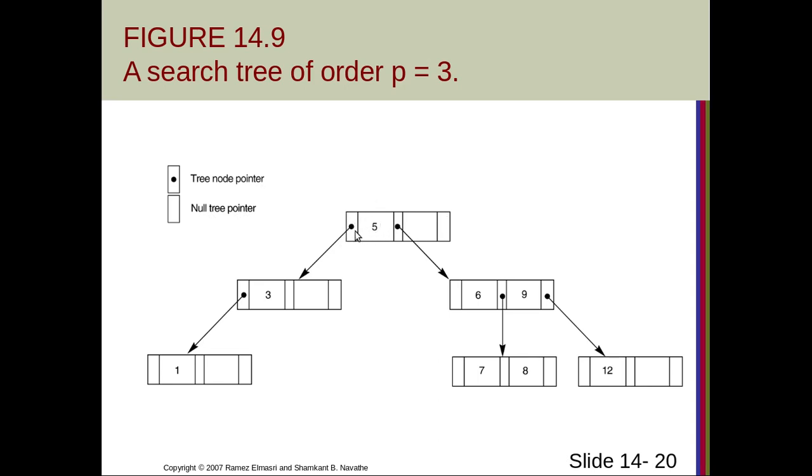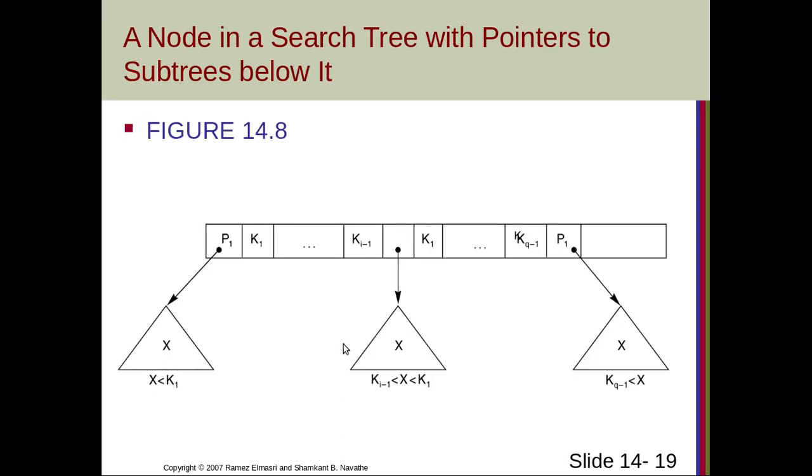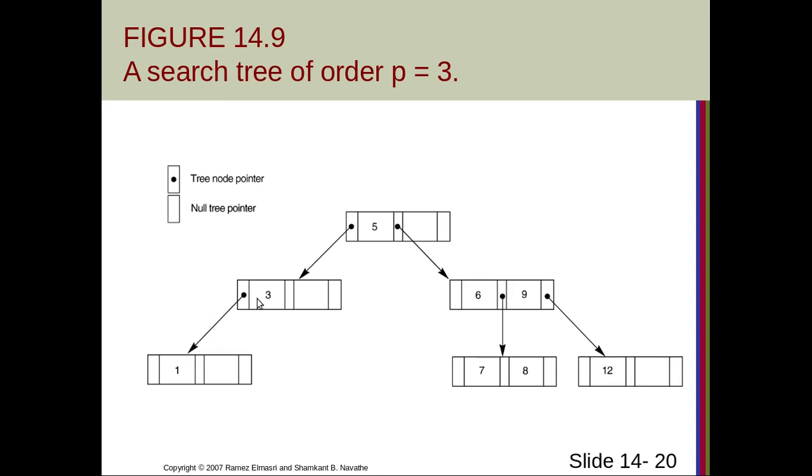To the left of 5 you have a subtree with 2 blocks having values 3 and 1, and to the right all the values are greater than 5, that means 6, 9, 7, 8, 12.